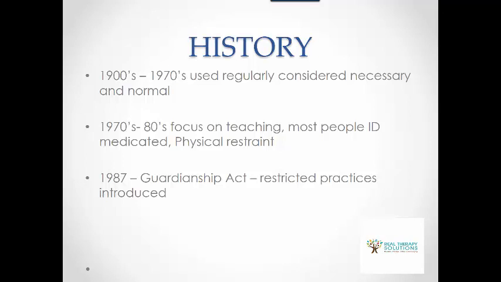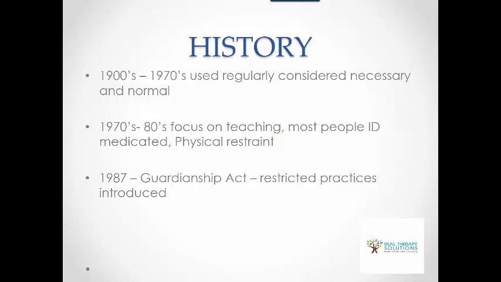In the 1970s to the 1980s, there was a real shift in society's understanding of what was considered okay in supporting people with a disability. At this time, there were still many people going into institutions, or what later were termed large residential services, which was seen as the normal for someone with an intellectual disability. But we started to move into an era of teaching, where skills development and task analysis were the buzzwords.